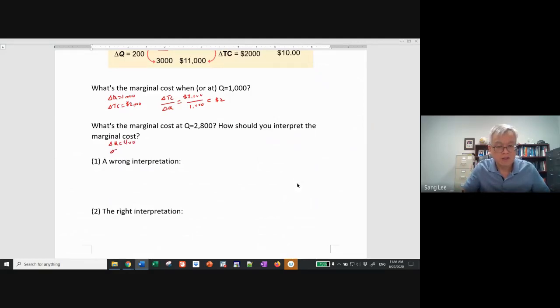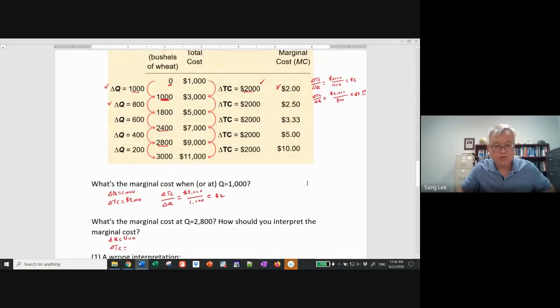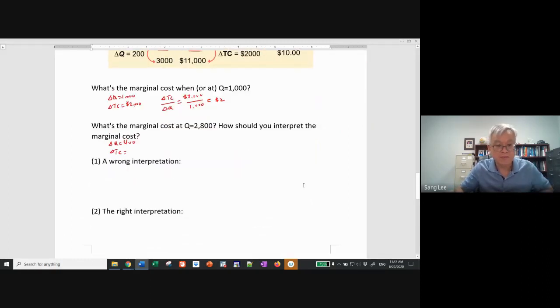And change in total cost is, again, when you produce 2,800 units, total cost is 9,000. Then to figure out a change in total cost, you have to find out total cost at the previous output level. That was 7,000.